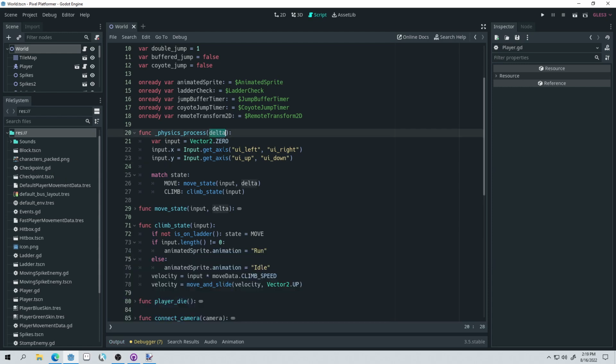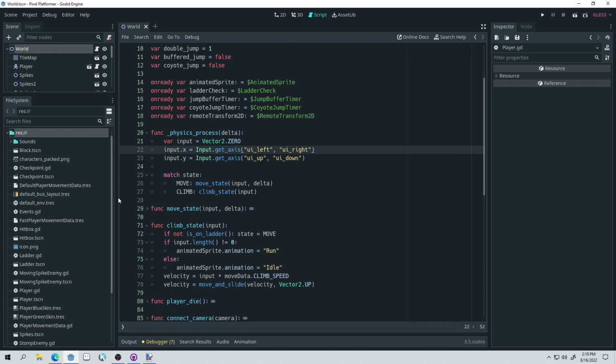Now the physics process is 60 frames per second, which means that the values we're using for our character's movement are now 1/60th of the size that they were before, because now we're multiplying them by 1/60th. I think that's the same thing as dividing by 60.